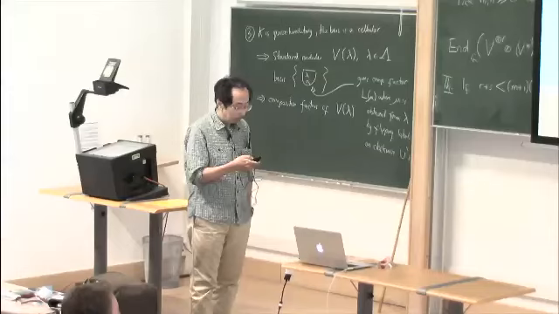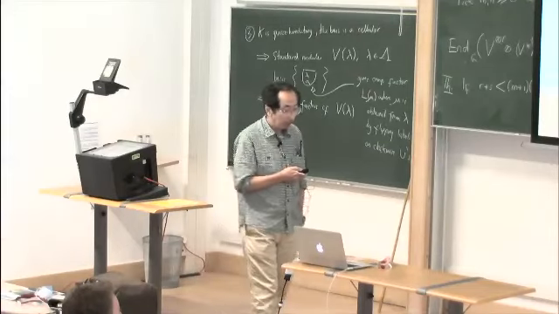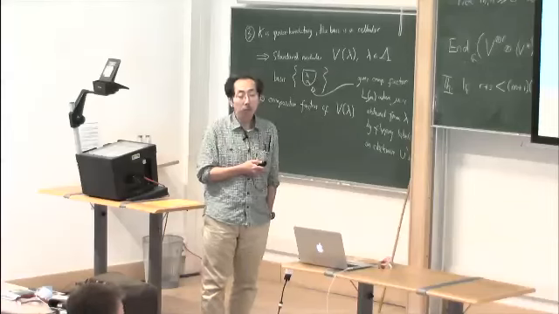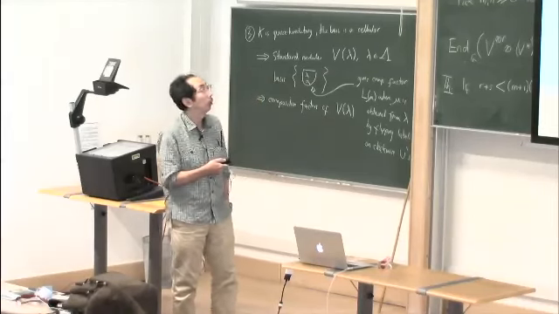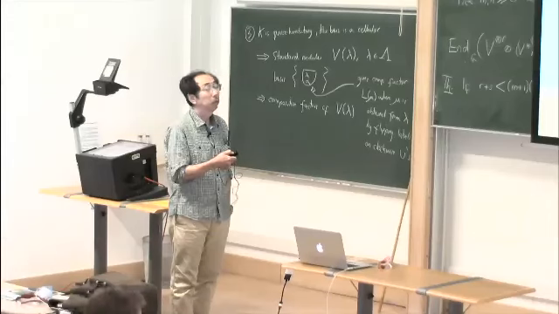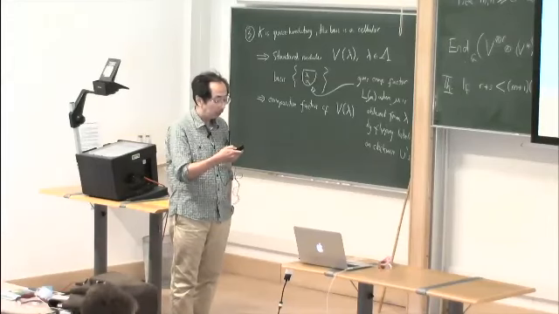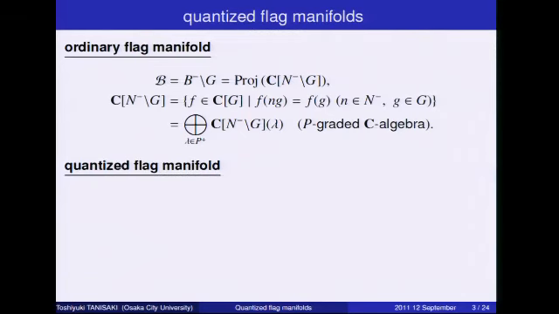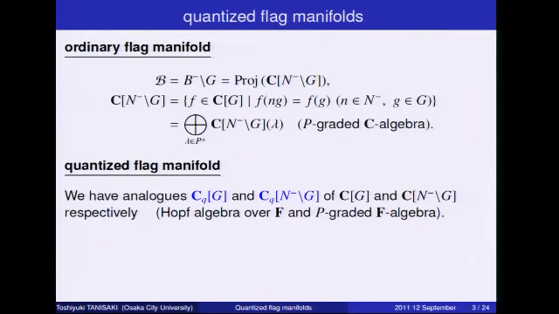Okay, so I want to consider the corresponding object in the quantized situation, quantized enveloping algebra. So I imitate this Proj construction for the quantized situation. Okay, quantized flag manifold. So I want to have an analog of this graded ring. And actually, we can define easily the analog of this graded ring.